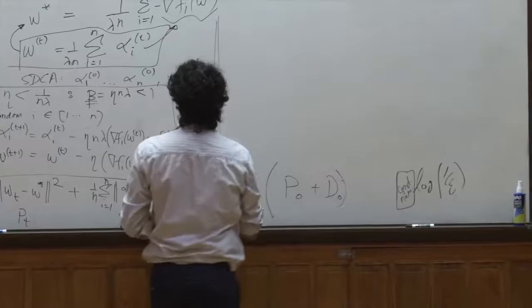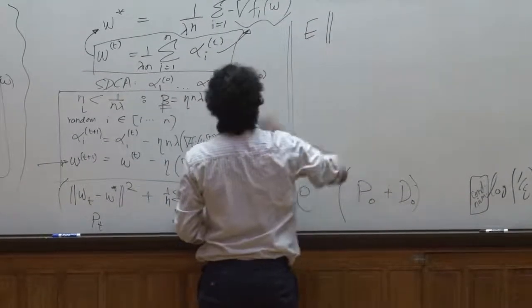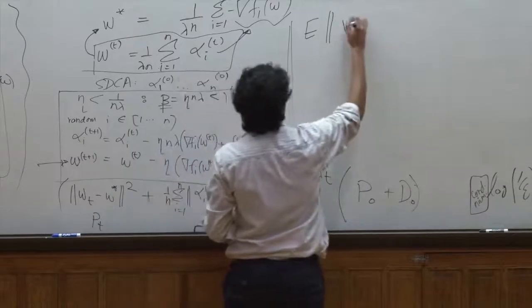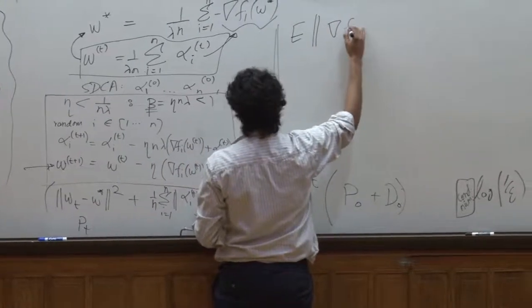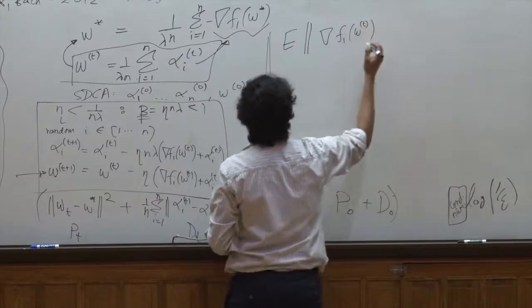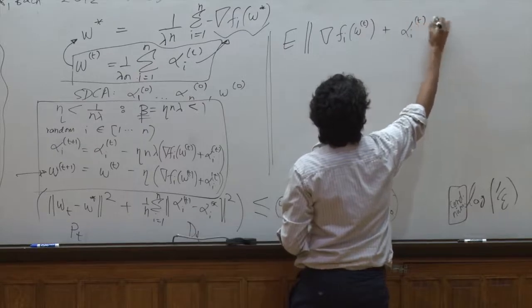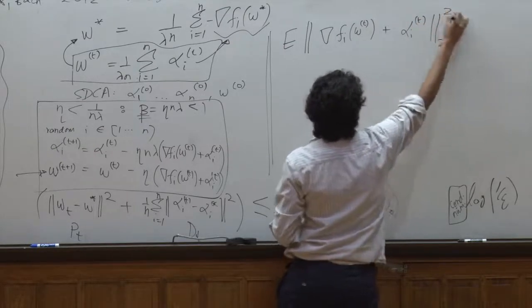Okay, so let's have a simple calculation of that. This is just the expected value of the gradient of Fi at Wt plus alpha It, squared.